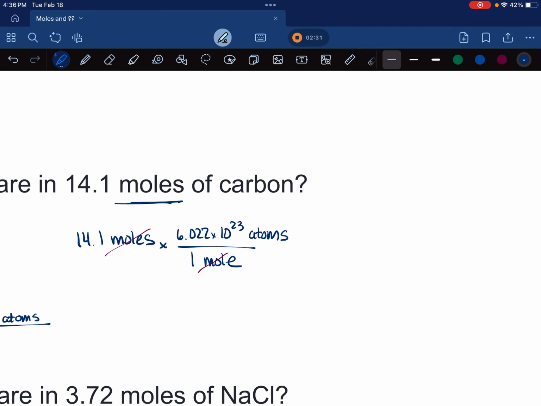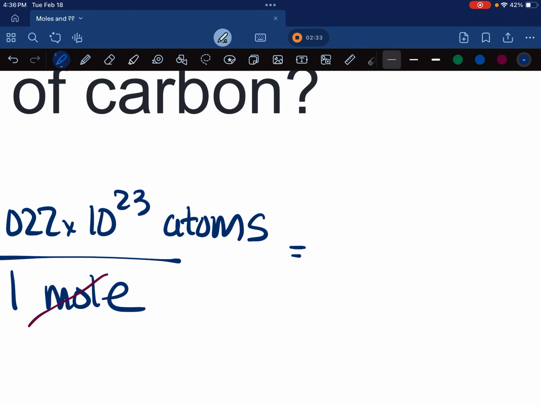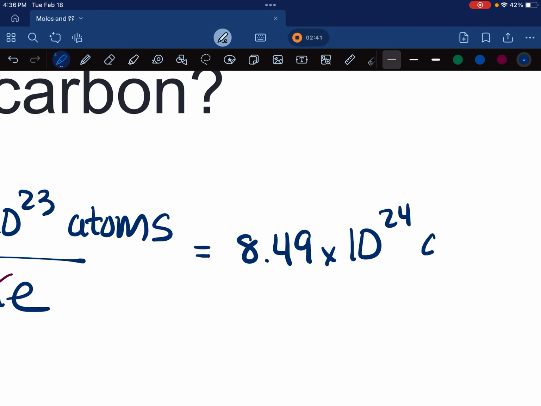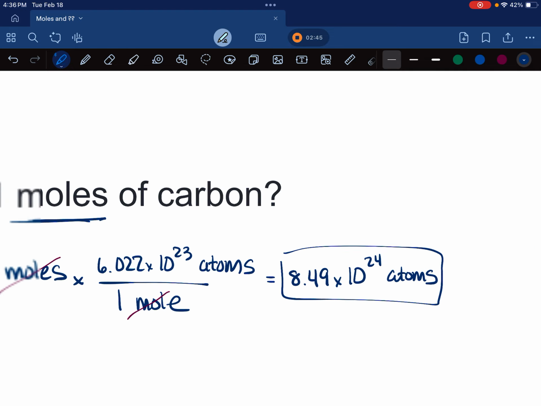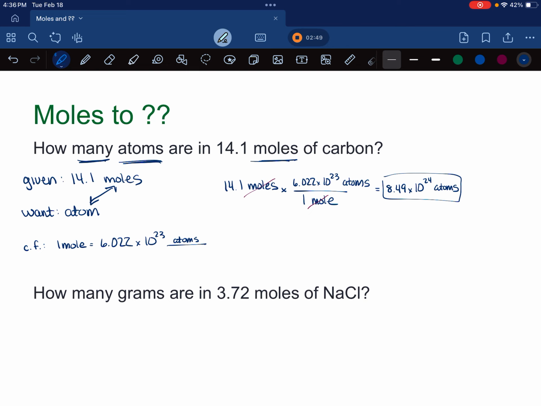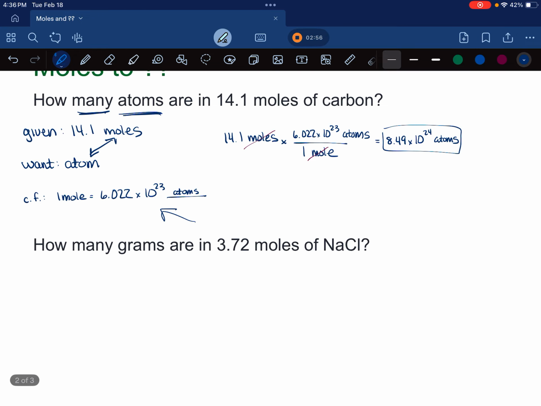And if you plug that into your calculator, you should get 8.49 times 10 to the 24th atoms. Okay, again, we recognize it's going from how many atoms given some amount of moles, so that's when you use Avogadro's number.